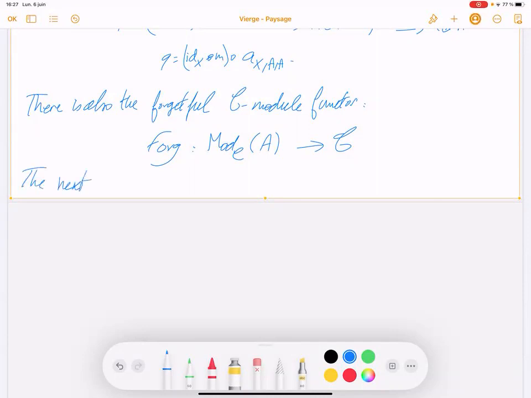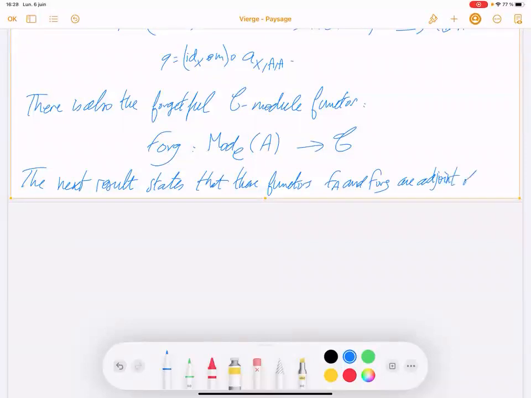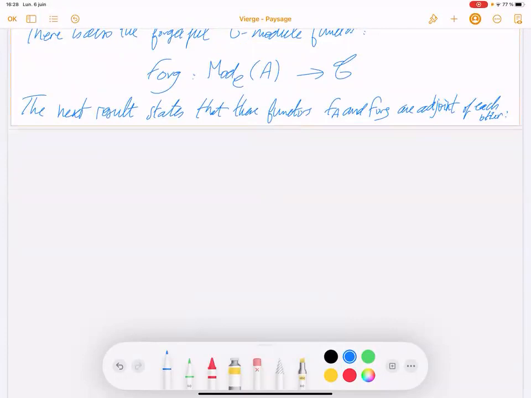The next result states that these functors FA and forgetful are adjoint of each other. Okay. So let me state this result.